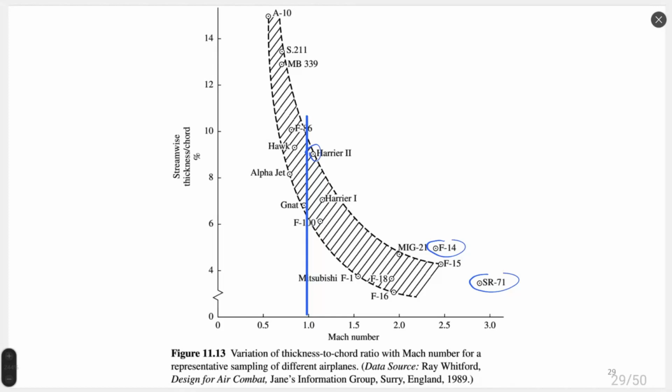So if we would like to fly at supersonic velocity from Mach 1.5, we see that between 4 to 6% thickness could be used efficiently, because there are structures that have proven their efficiency with this thickness.